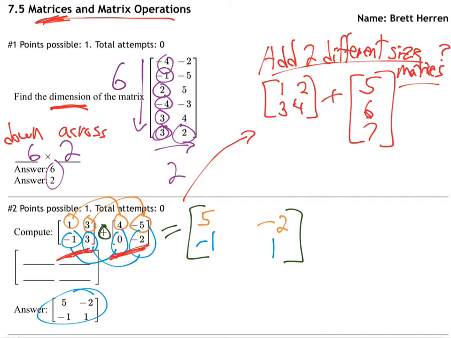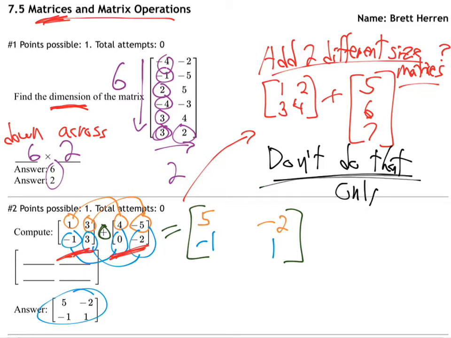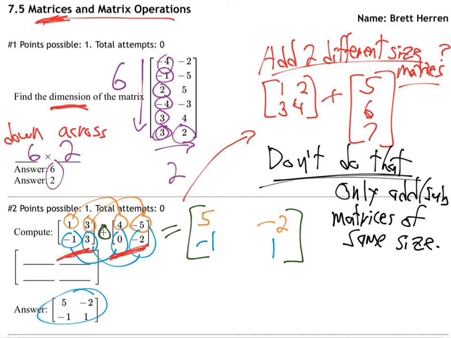But instead, they just said, don't do that. Really, that's it. You only add or subtract matrices of the same size. That's it. They said don't add matrices or subtract them if they're different sizes.